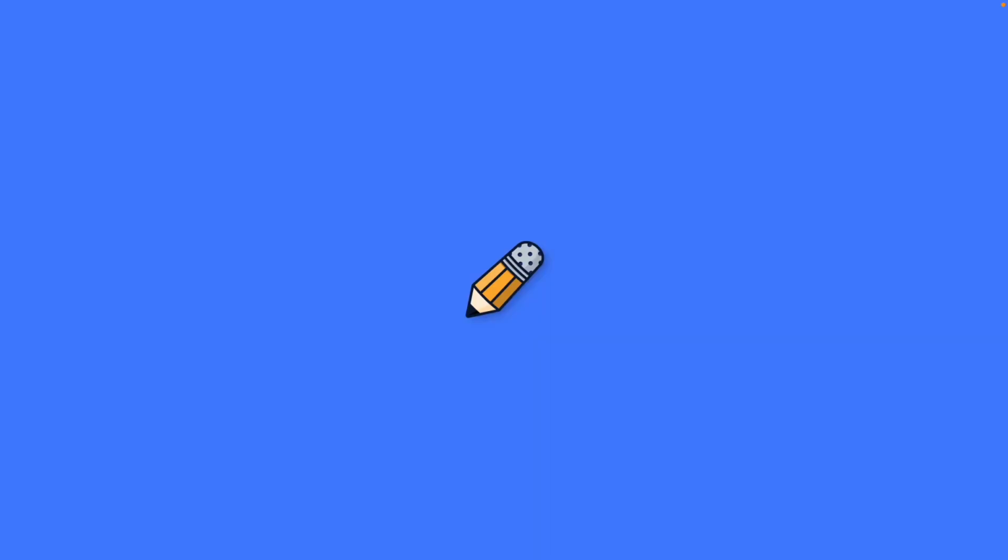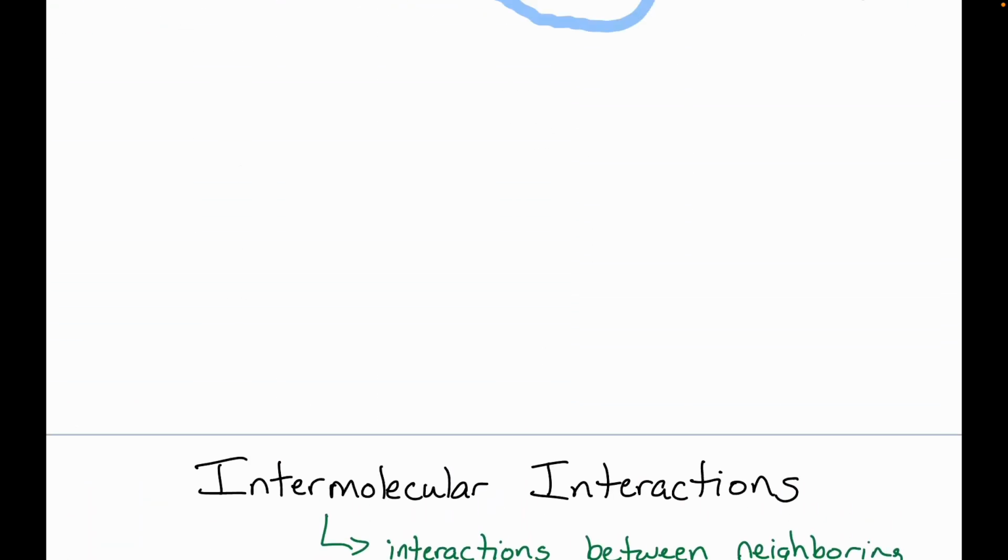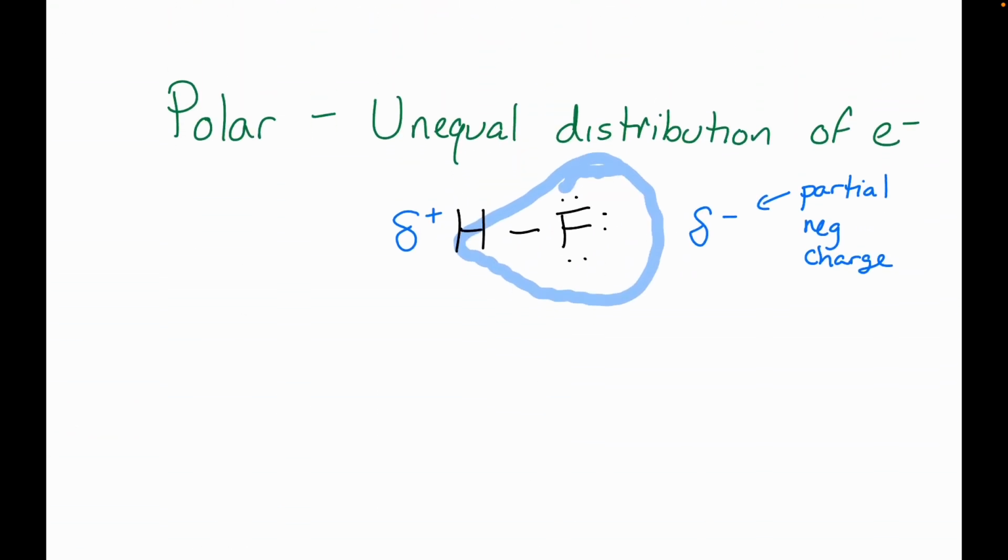So then how can we spot that we have a polar bond? We said that our HF was a polar bond. Polar bonds will occur between elements of differing electronegativity.